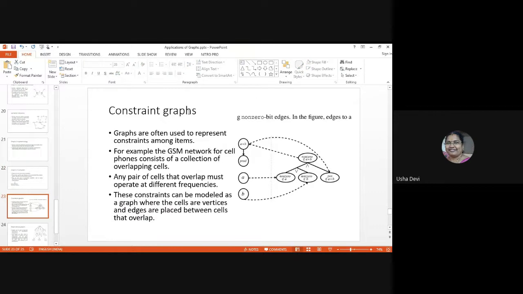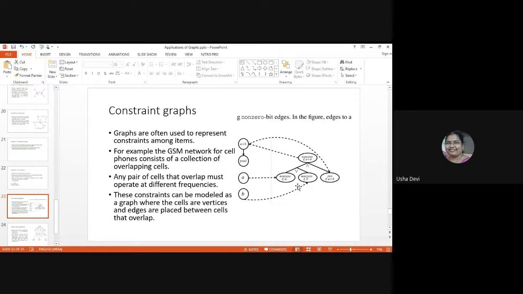Next, constraint graphs is another kind of application. This is used for representing constraints among different items. We have various items, and from one item to another we are making some representation or relationships.